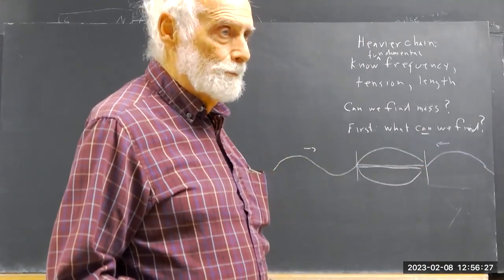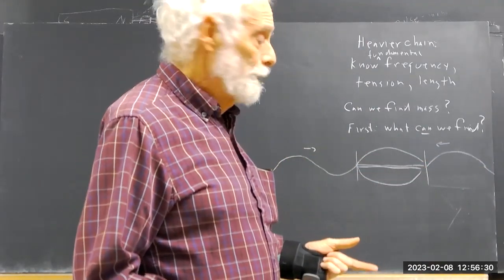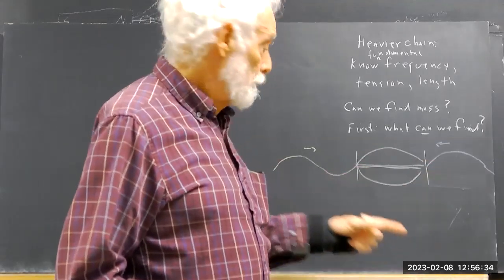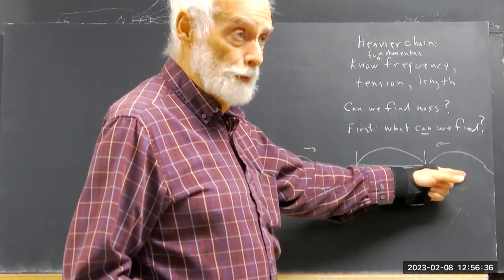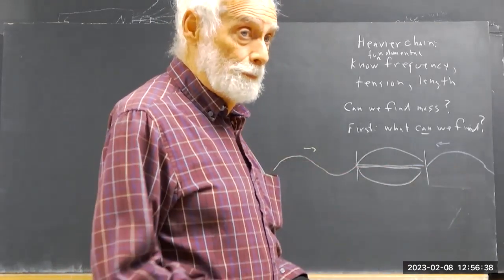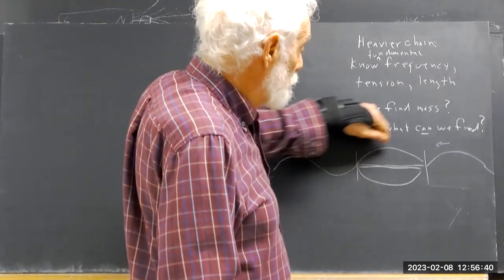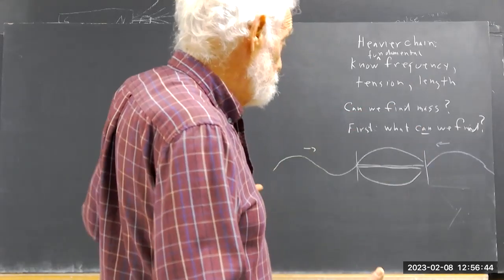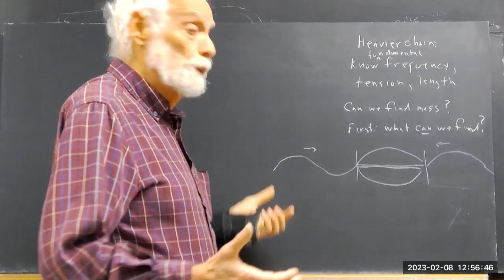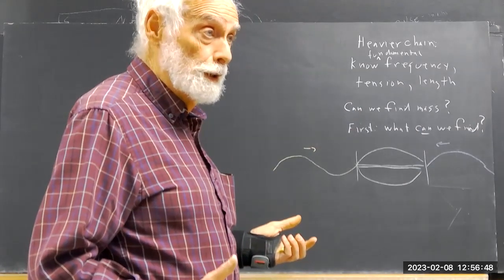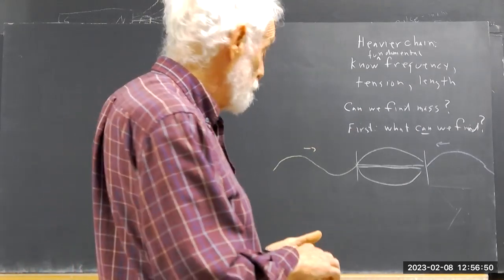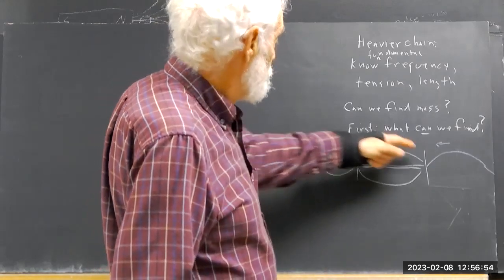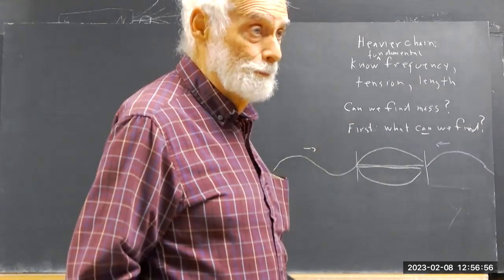They combine, and the question then is, what's the wavelength of this originating wave and the reflected wave? Well, you see that this is one arch of the sine wave or cosine wave, whichever one you want to use. And one arch is half of the total wavelength.